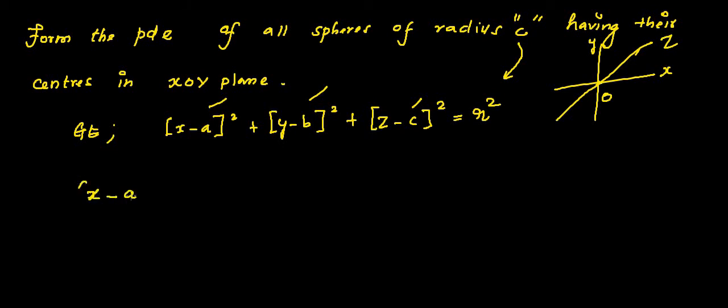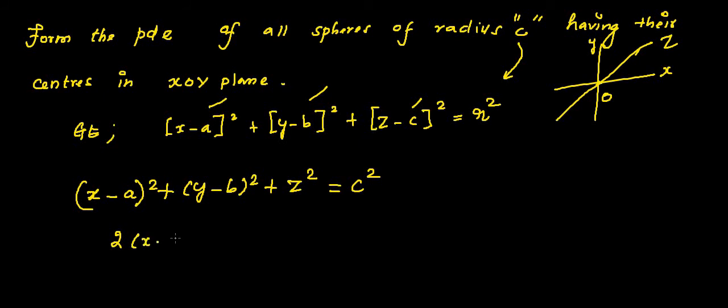So (x minus a) square plus (y minus b) square plus z square is equal to c square for the given problem. Now partially differentiating it with respect to x and y, we get 2 into (x minus a) plus 0 and 2z dou z by dou x equals 0. This can be further reduced, this 2 gets cancelled.